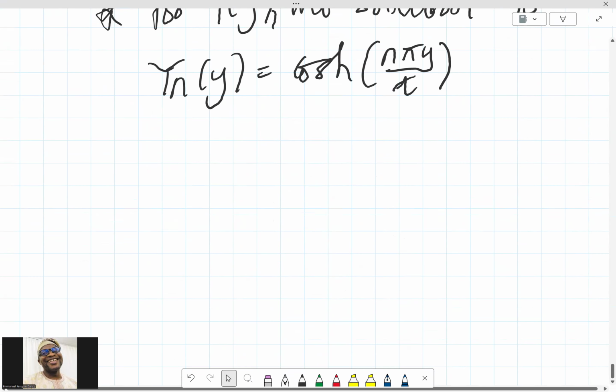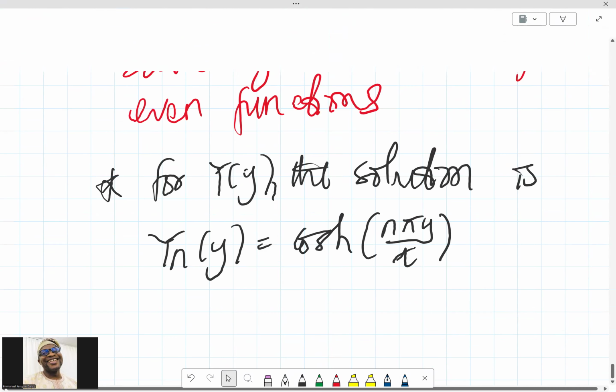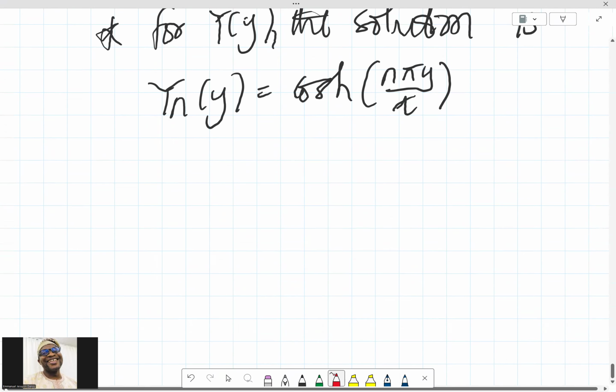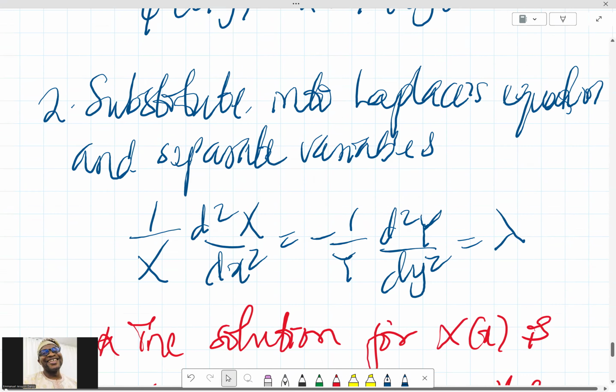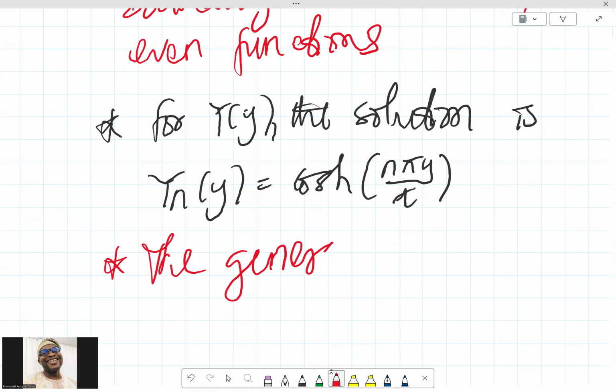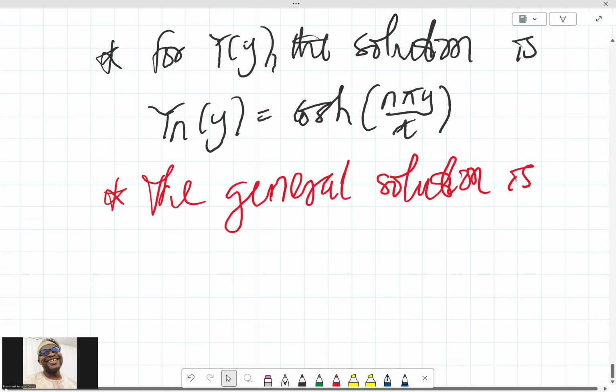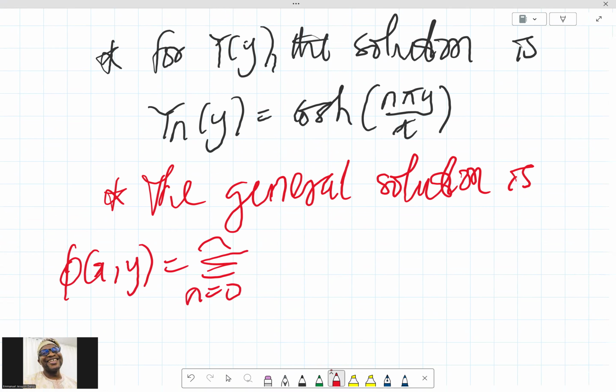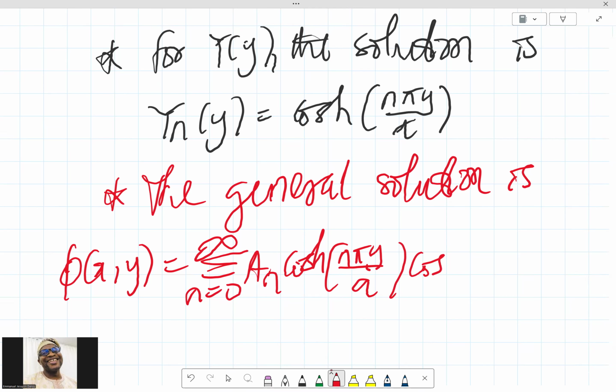Okay, then we can now talk about the general solution. So 3, the general solution will now be phi of x comma y equals the summation from n equals 0 to infinity of A_n cos n pi y all over a, then cos n pi x all over a.